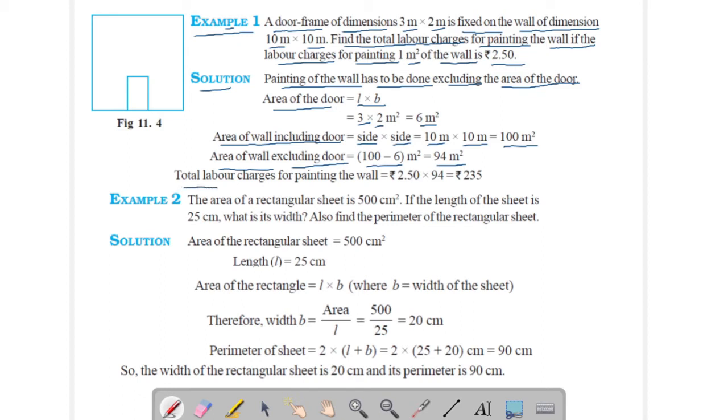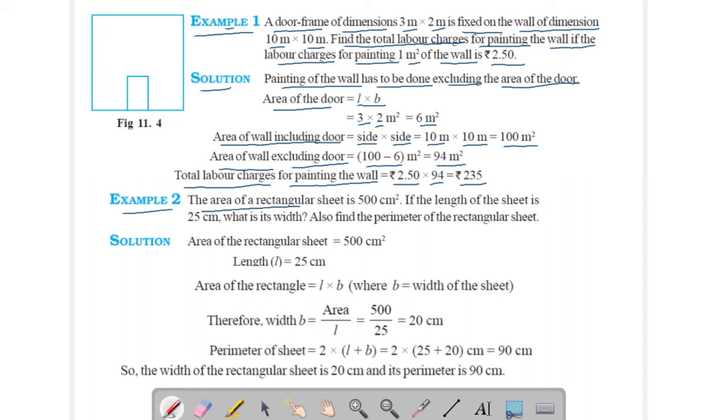Therefore total labor charges for painting the wall is equivalent to rupees 2.50 into 94, and if you multiply it you will get rupees 235. This is your answer. Now come to example 2.